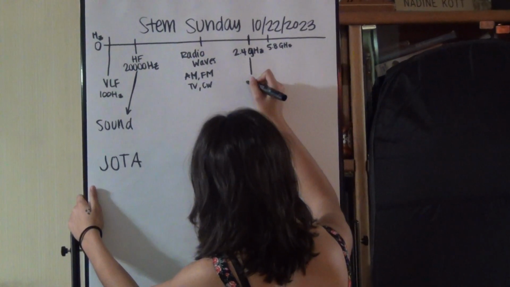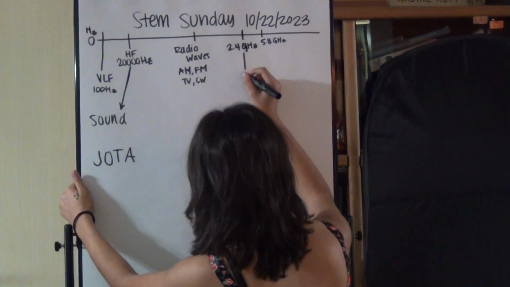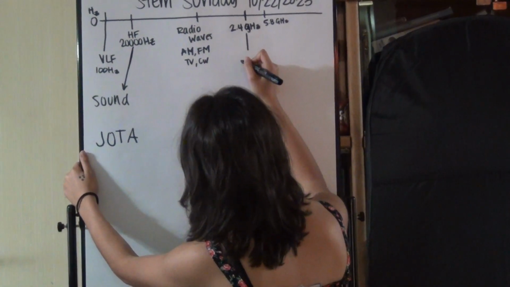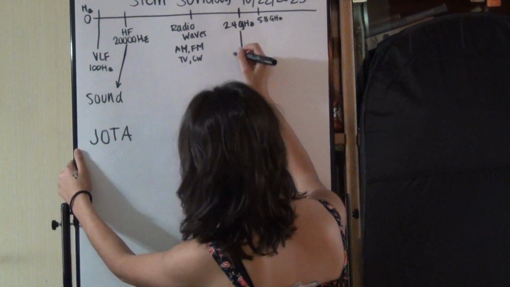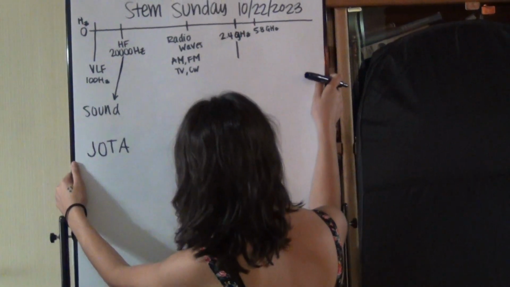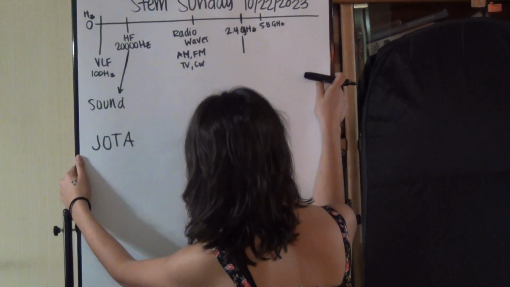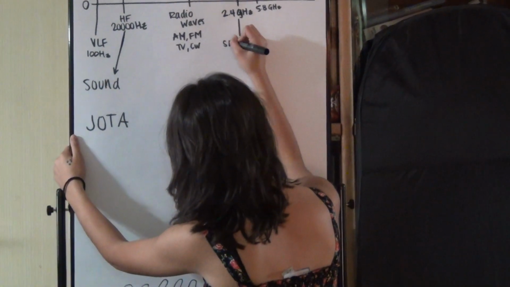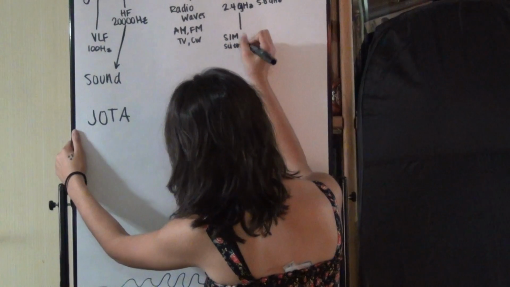Now, try to get this in your head, but it's not too important. That has been designated by the FCC as far as science, industry, and medical. So just write SIM. Industry means your cell phone.